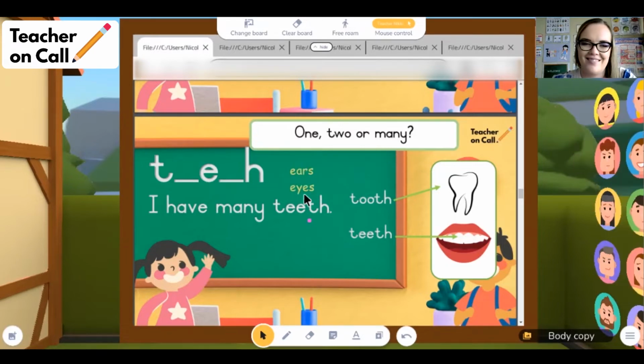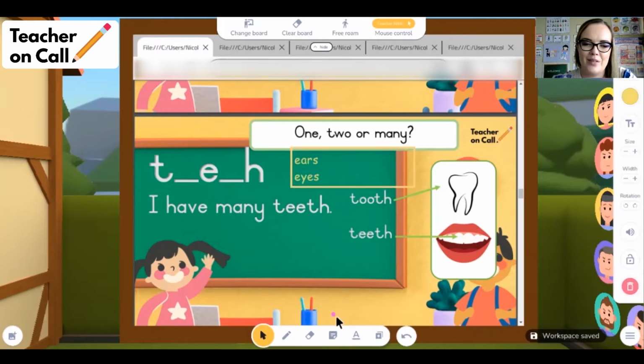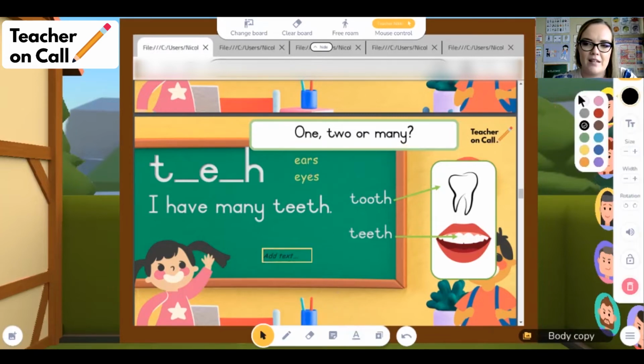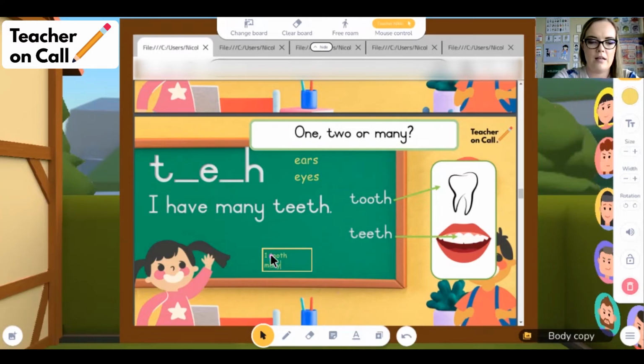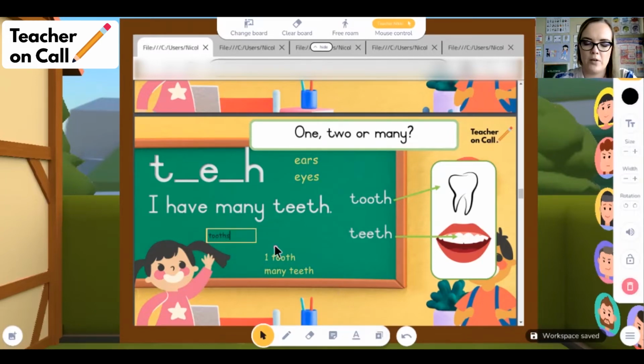But now, tooth and teeth can confuse us. So we say one tooth and many teeth. We do not say tooths, no, and we do not say teeths, no. One tooth, many teeth. There's no S for tooth or teeth.